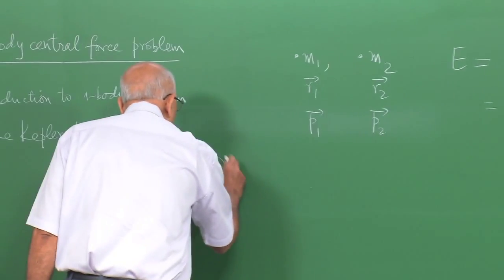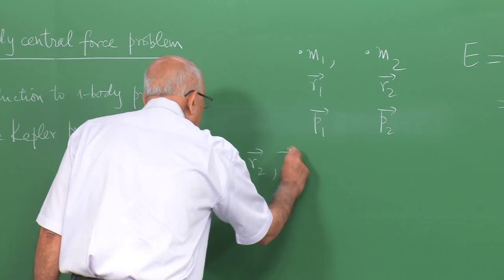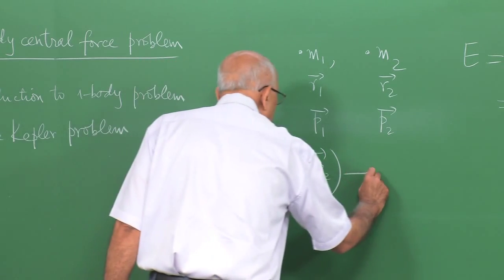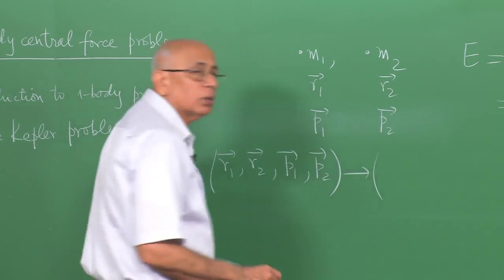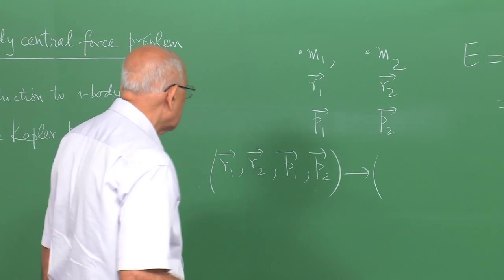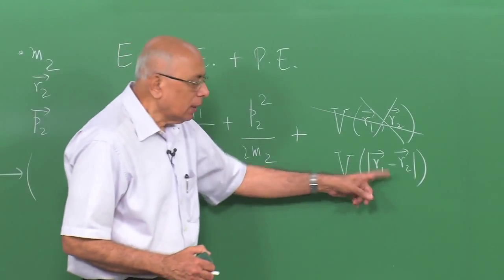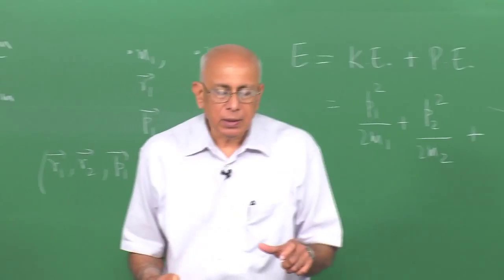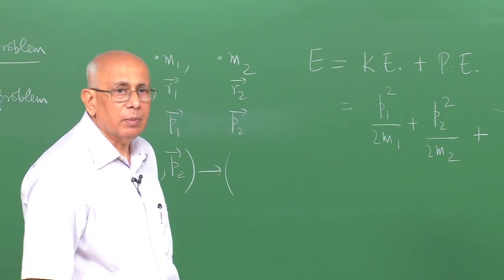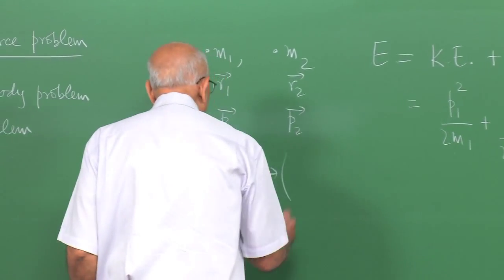So, from r1, r2, p1, p2, from this set of variables one goes to a new set of variables, also the same in number finally, because you are not eliminating any variables, which takes into account the fact that what appears here is only a function of the difference, only a function of the magnitude of the relative coordinate r1 minus r2 between these two particles. And these new coordinates are the following.